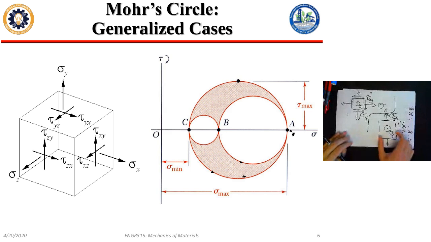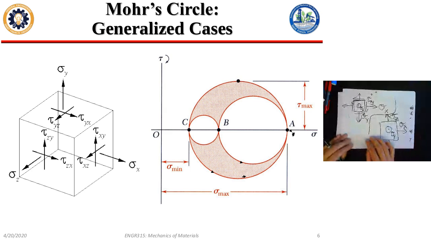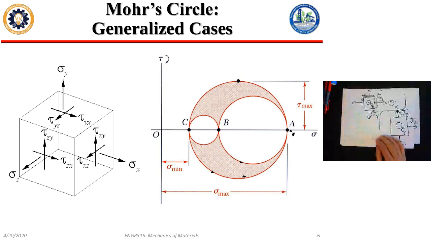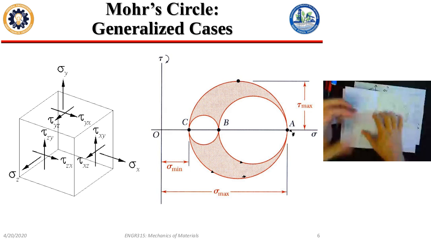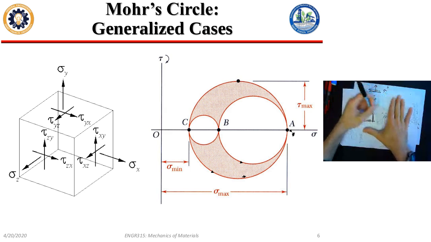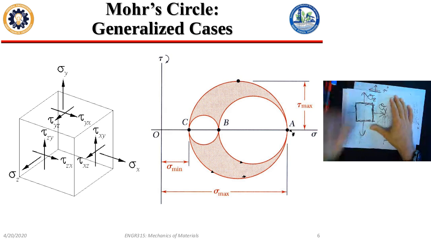Now I can take this cube again. I could keep rotating it this way, but I just go between this and this, right? So I'm going to rotate it that way. I'm going to drop the y where sigma x was. So something like that.